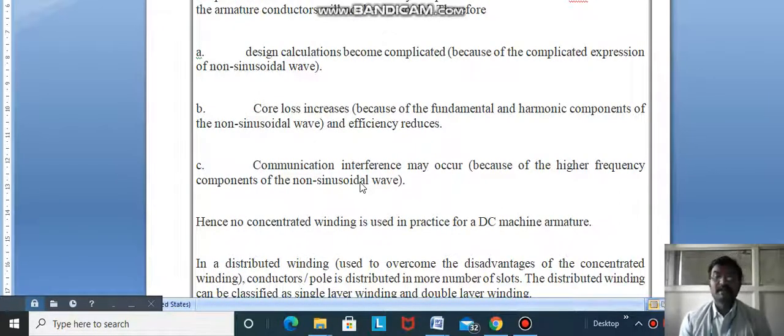Communication interference may occur because of the higher frequency components of the non-sinusoidal wave. So we should not go for concentrated windings; we should go for distributed winding. Hence, concentrated windings are not used in practice for DC machine armatures.